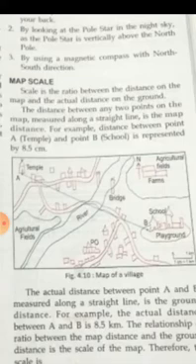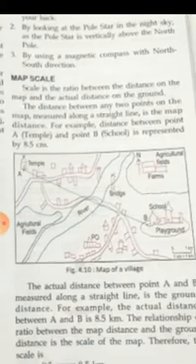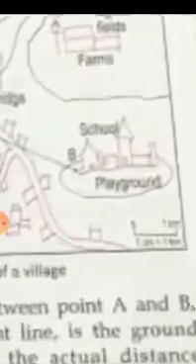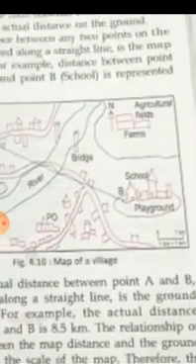So on the map it is 8.5 centimeter, but the actual distance on the ground is 8.5 kilometer. And a scale is drawn in the corner of this map. You can see 1 centimeter is equal to 1 kilometer.